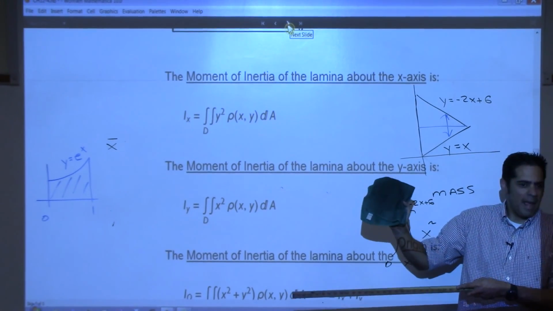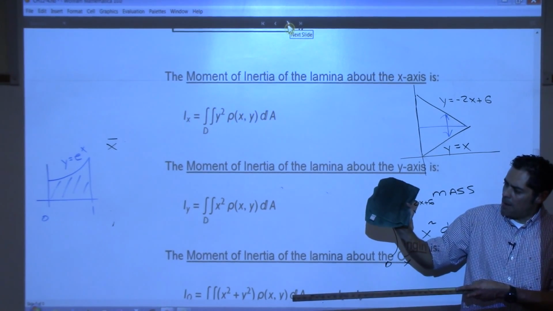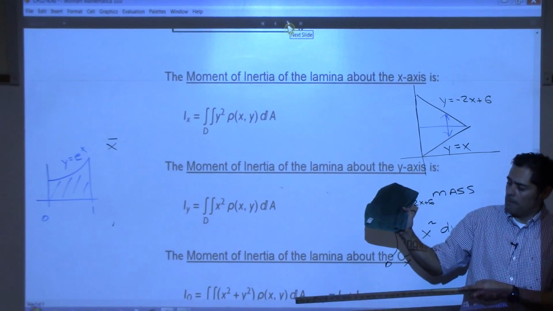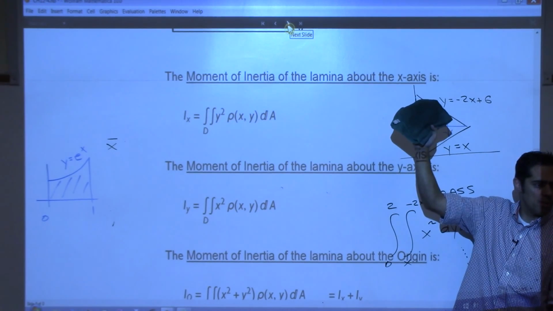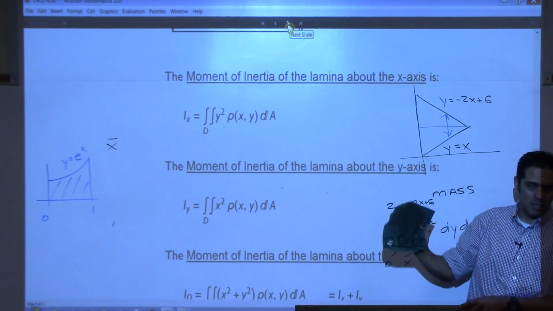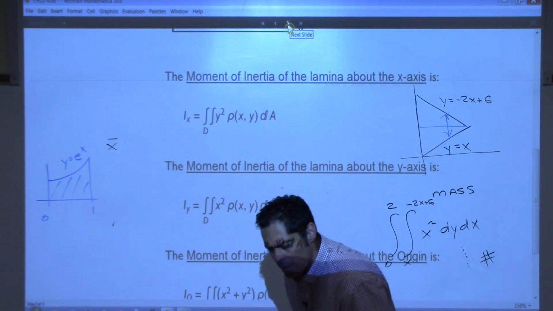And anything that has mass resists motion, doesn't it? So if I go to push this, it's going to have a resistance. That's your moment of inertia. If I move this further away from the axis, it changes its moment of inertia, its resistance to motion.